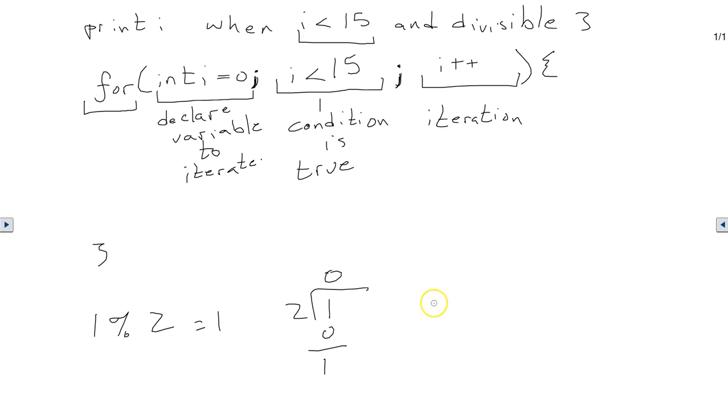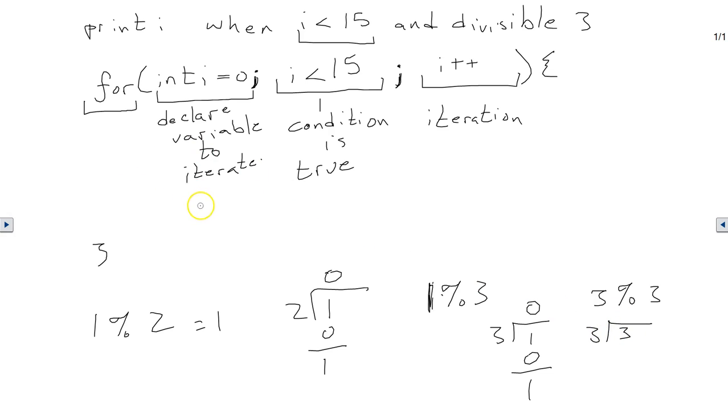If I did 1 mod 3, what am I going to get? 1. Okay? If I do 3 mod 3, what am I going to get? 0. Is this part of the for statement?